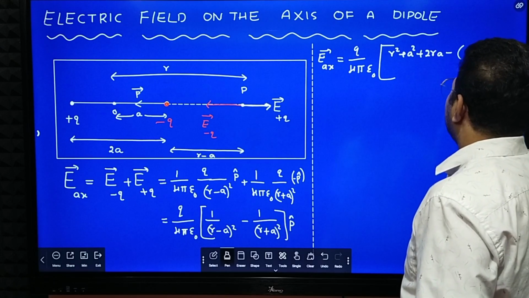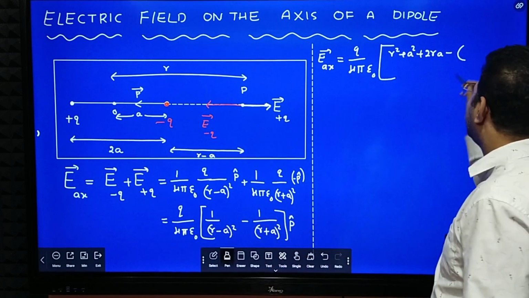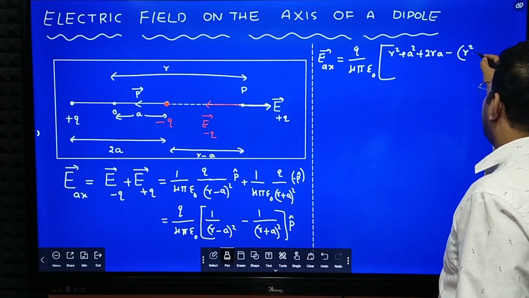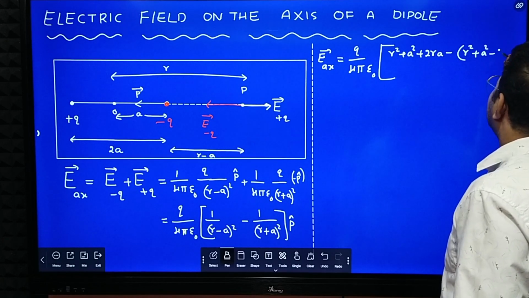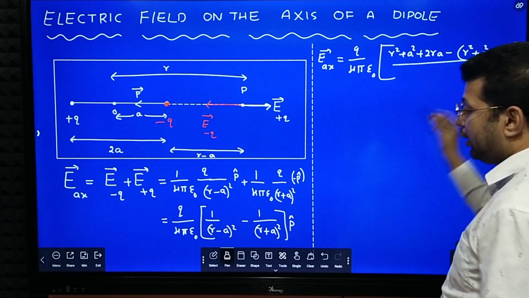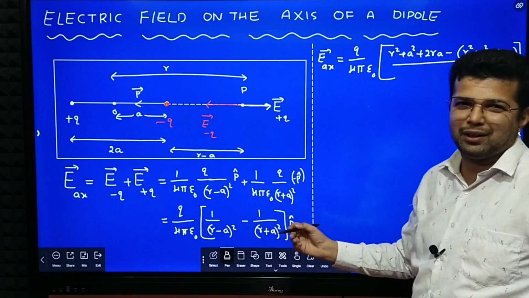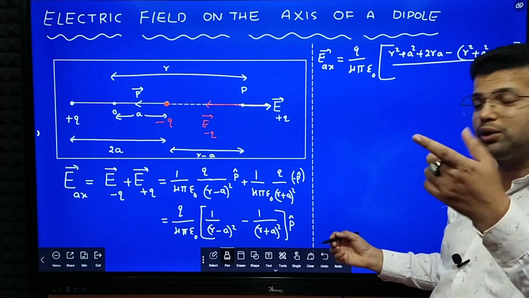Then put a minus symbol, this minus, into 1 into (r minus a) whole square. What is (r minus a) whole square? r square plus a square minus 2ra. Minus 2ra divided by r square minus, (r minus a) whole square into (r plus a) whole square. That is (r square minus a square) whole square.